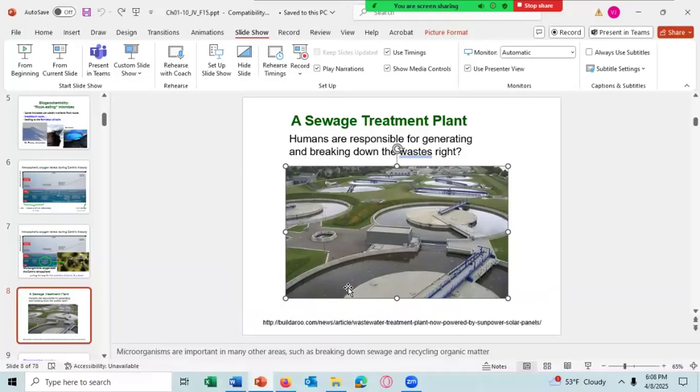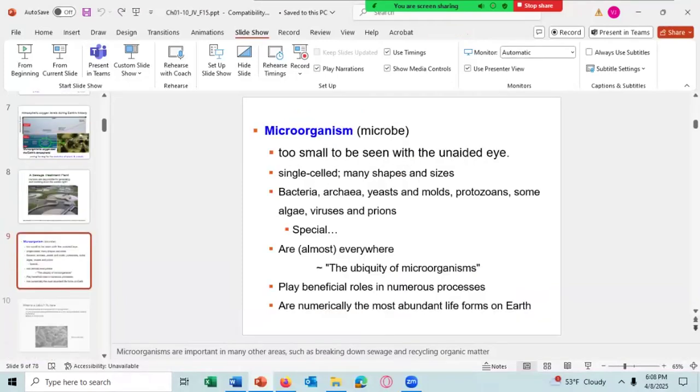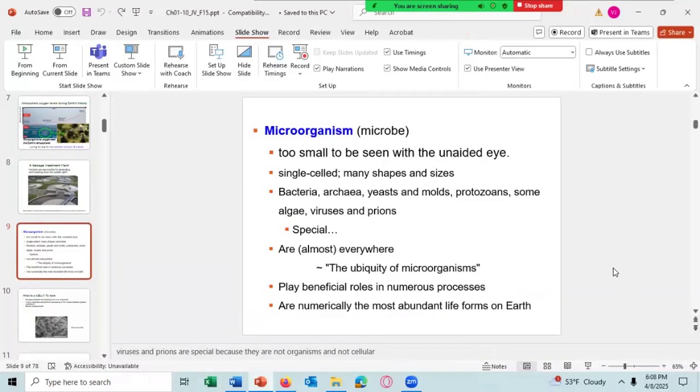So it's the microbes which are breaking down the waste in the sewage treatment plants, which is important for recycling the waste that we generate by flushing our toilets and sinks. All right, I've talked a little bit about microorganisms and microbes.